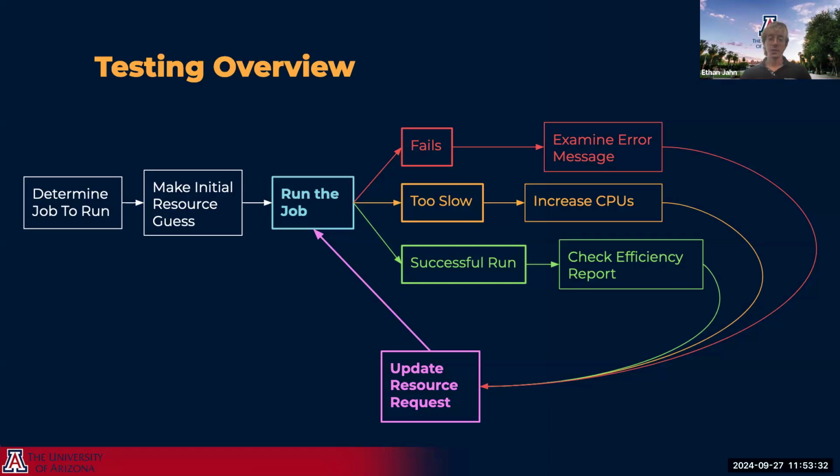And then if you have a successful run, if the code works as expected and completes, it's always good to double check the efficiency report, maybe with the CEF command that we talked about a few minutes ago. Maybe you open it up and boom, you got 100% efficiency. That's great. Otherwise, if something is limiting the efficiency of your job, you can go back and update your resource request.